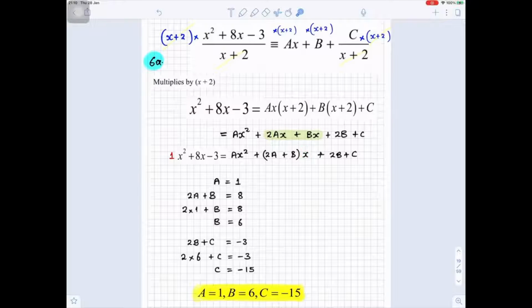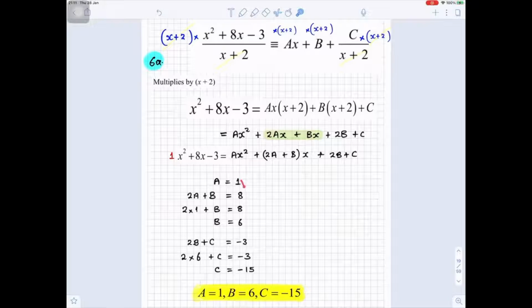So we want to compare like terms. 1 equals a, that's the coefficient of x^2, so a is 1. 2a + b equals 8, that's the coefficient of x. And 2b + c equals minus 3.